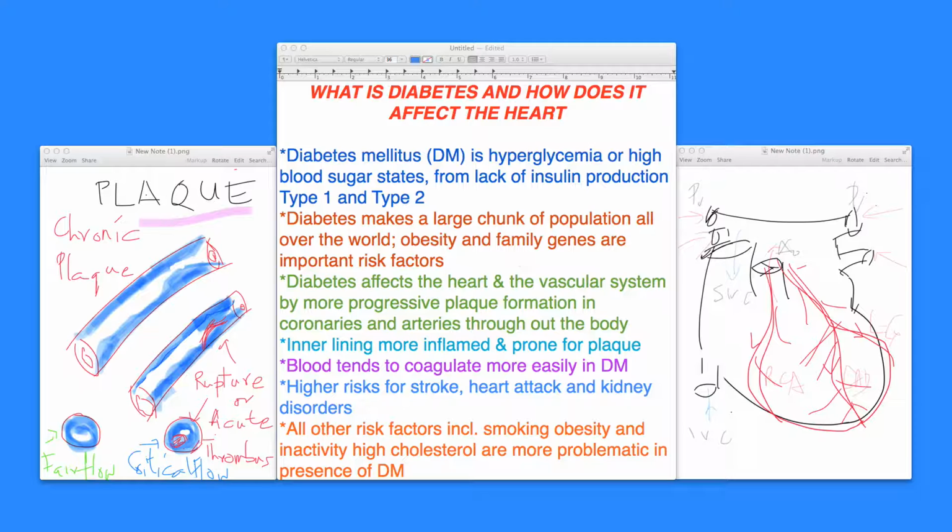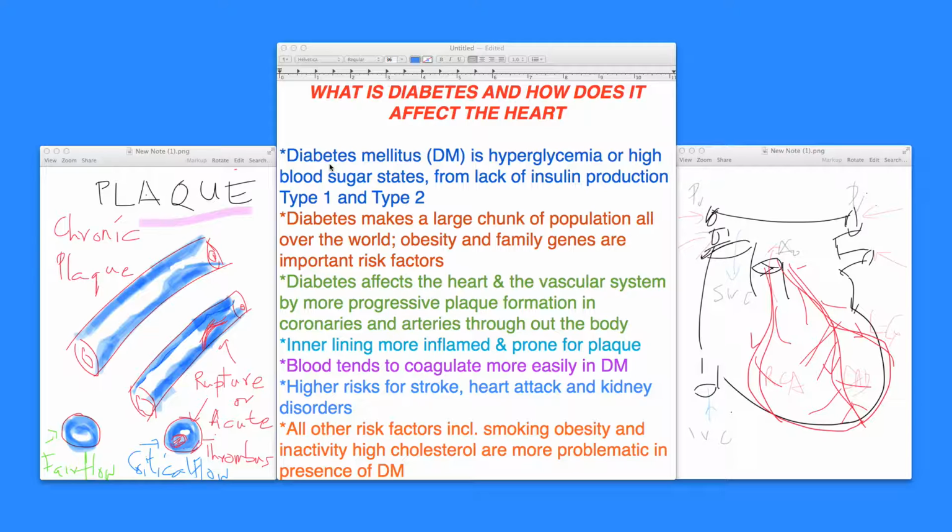A large chunk of people, all ethnic groups, all countries, have a prevalence, and it is increasing, unfortunately, because of the lack of activity that we're increasingly getting into, and our food habits and body weights. They are constantly changing. But nevertheless, there are two major risk factors, family genes and obesity, which are definitely prevalent and make one prone to diabetes per se.